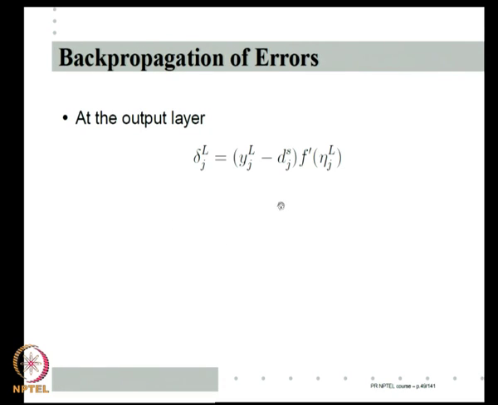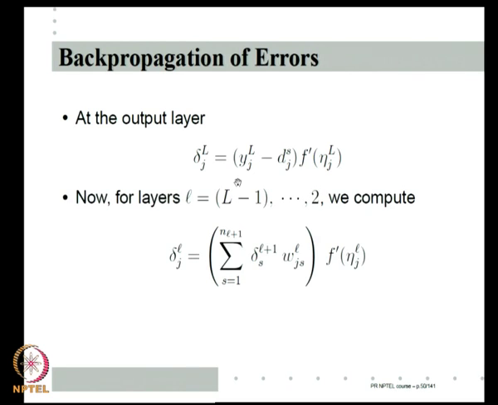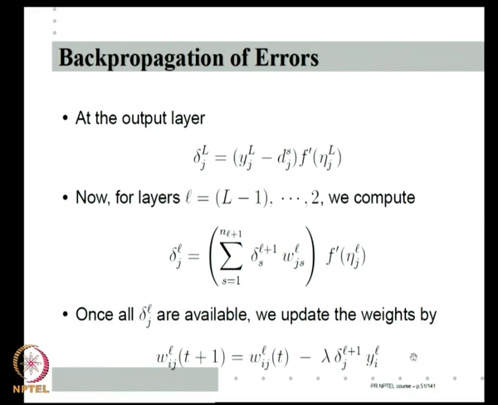At the output layer, once I have y_j^L and the desired output from the training input, I can calculate the errors for all nodes in the output layer. Once I have that, I start going back from layer L minus 1, L minus 2 all the way up to layer 2 to compute delta_j^l. Once I compute all the deltas, I can update the weights.